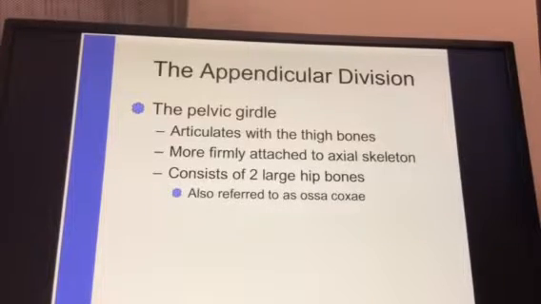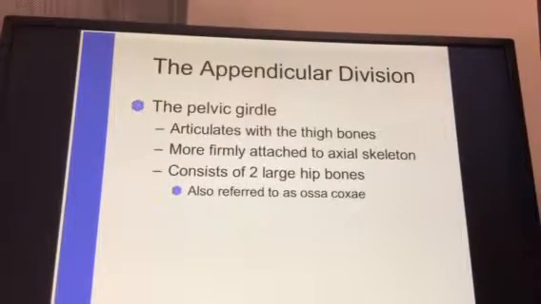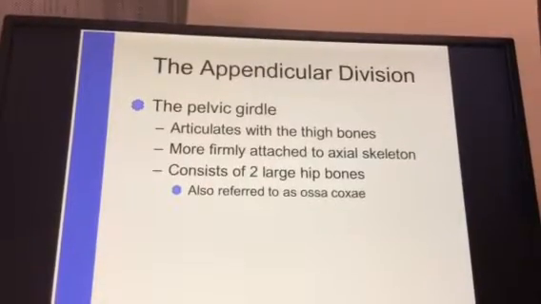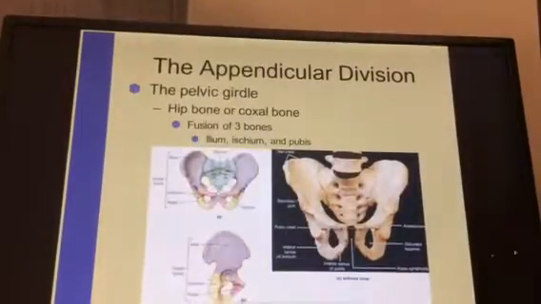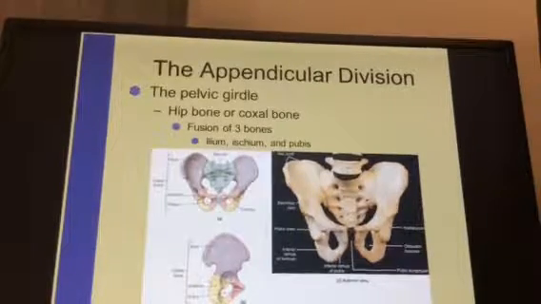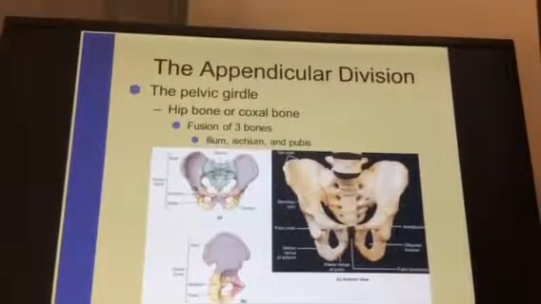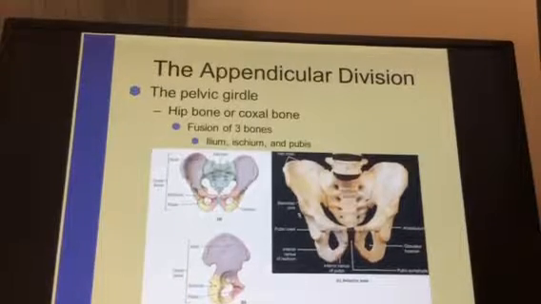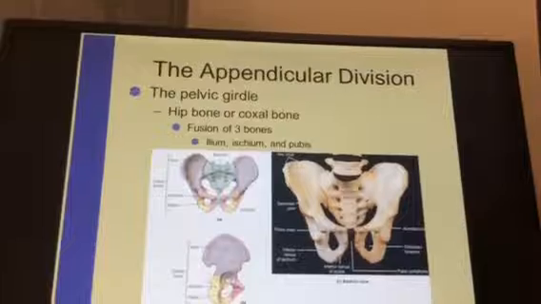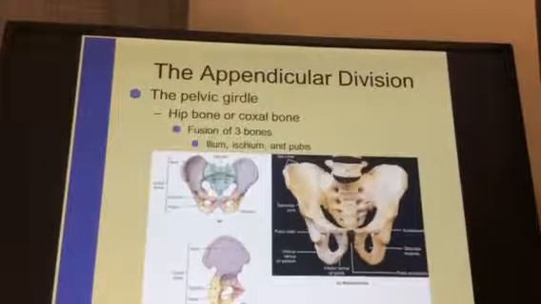So now we're dealing with the pelvic girdle. So the pelvic girdle is everything that attaches to the spine. And actually, the sacrum is part of that pelvic girdle, as we can see here. So here's the sacrum and the coccyx. Even though this is part of the axial, it also kind of helps and rotates into the pelvic girdle as well. So if we're talking axial, technically the sacrum is part of the axial.